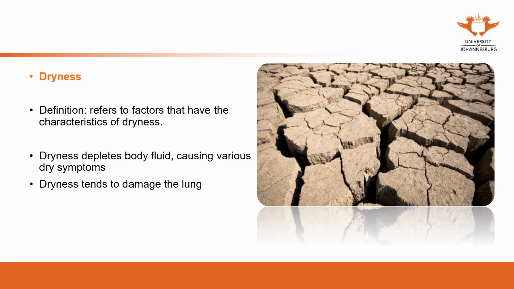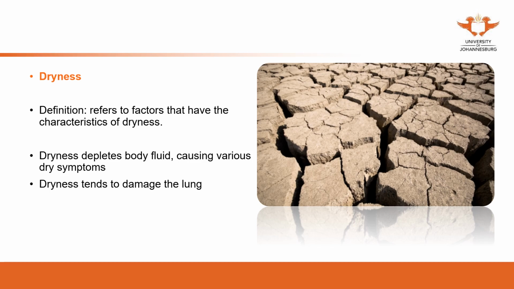These symptoms can be anywhere. It can be the upper body or the lower part of the body. So the most important aspect is dry. And dryness can happen in autumn. It also can happen in summer.